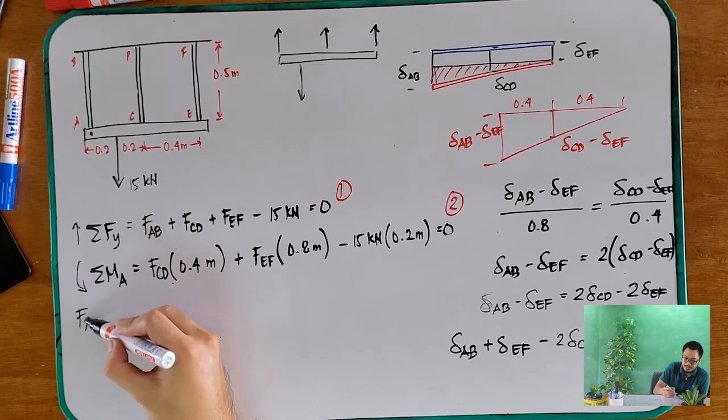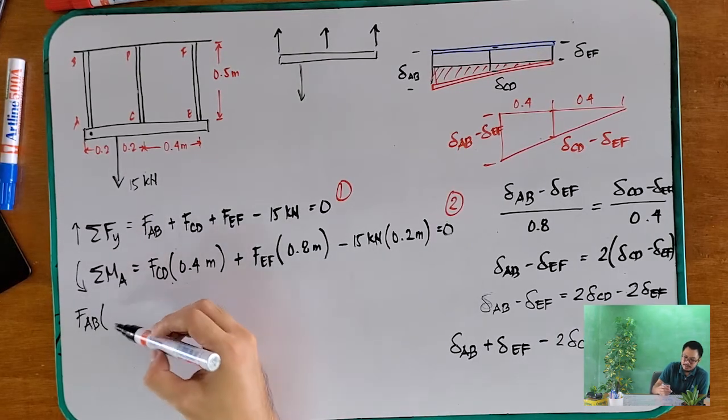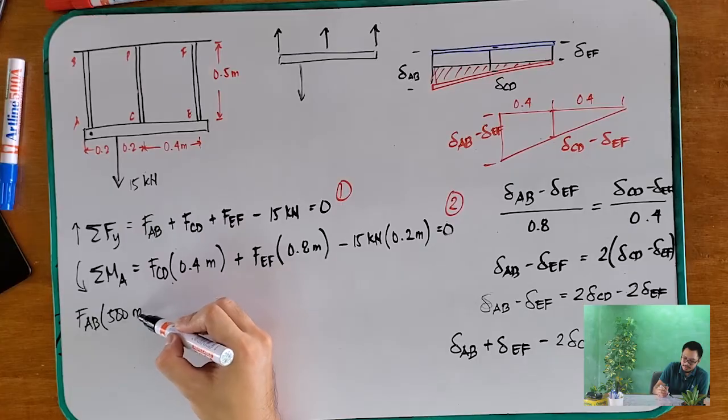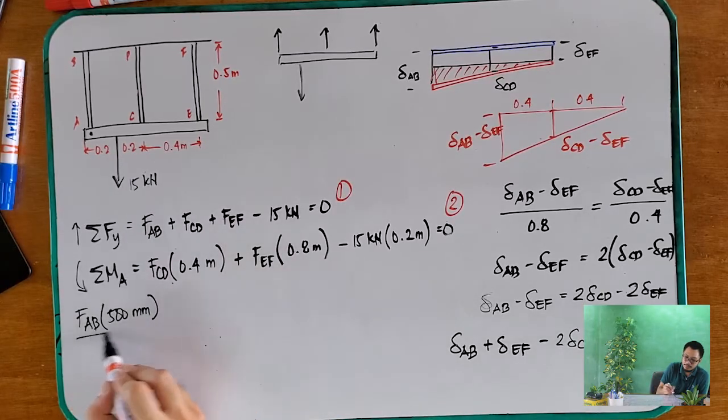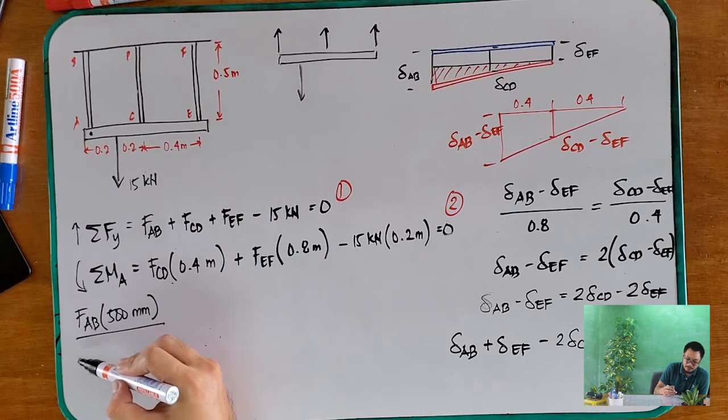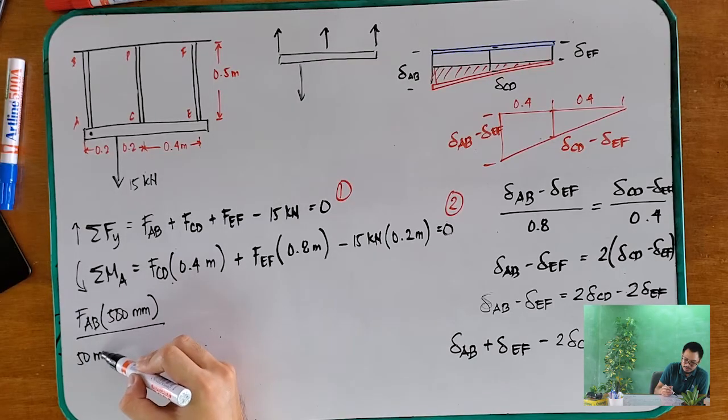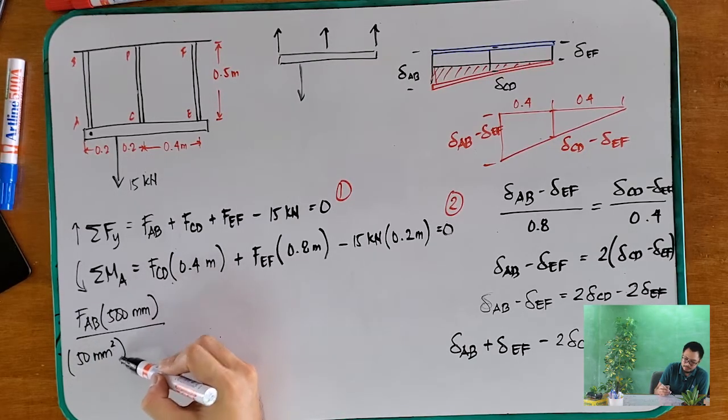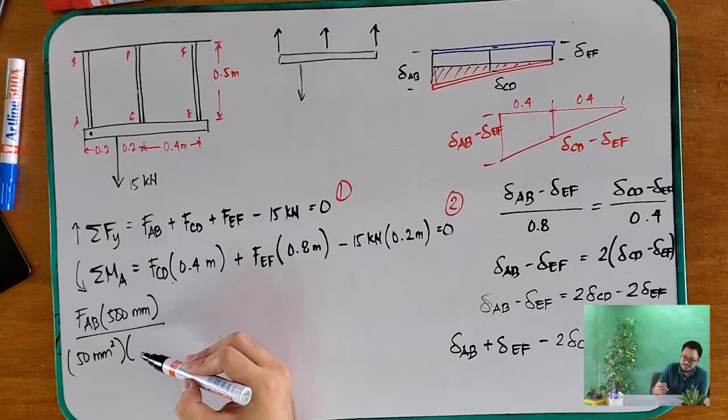And, sige, ato na ni gamit sa atong force displacement nga relationship. FAB times 500 millimeters over 50 millimeters squared times modulus of elasticity.